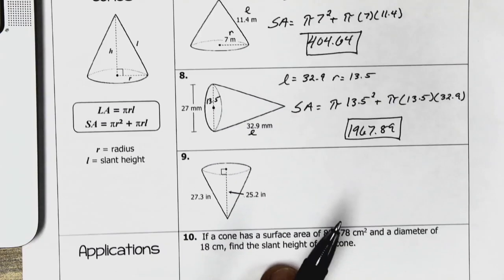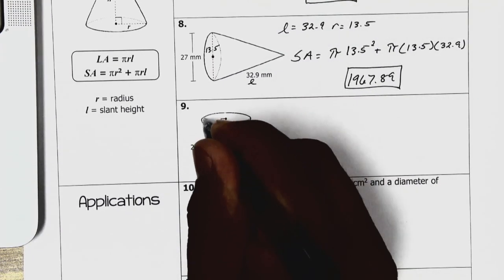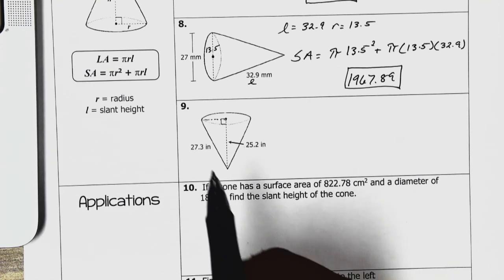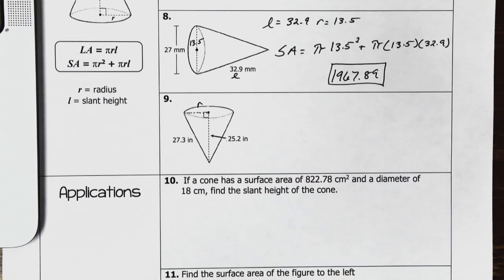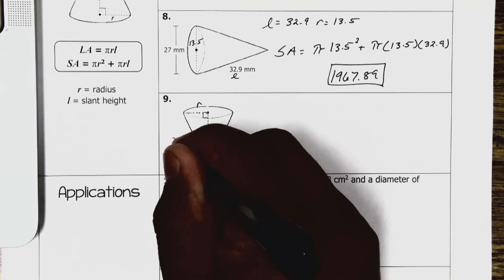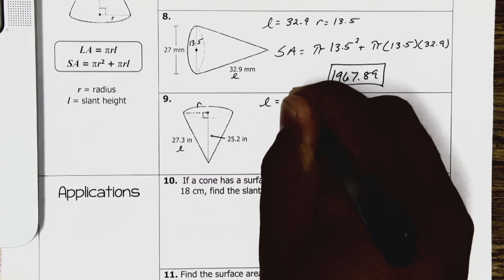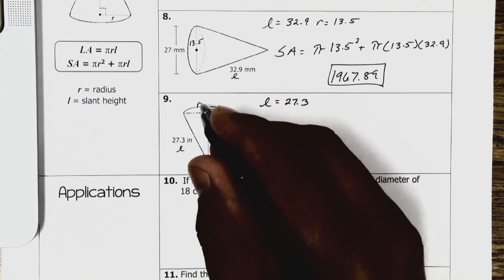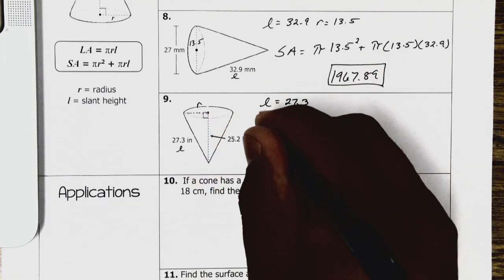All right, now for number 9, they give us this height right here. What we need is this radius right here, okay? So now this is my radius. So that means we're going to have to do the Pythagorean theorem. But first, this is your L, so we already have the L. Now for the radius, we do the Pythagorean theorem. It's one of the legs, so it's going to be subtraction.